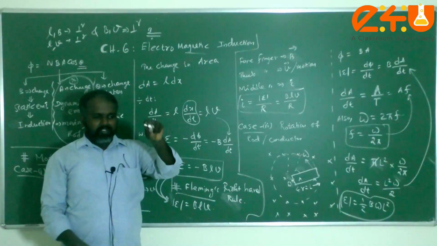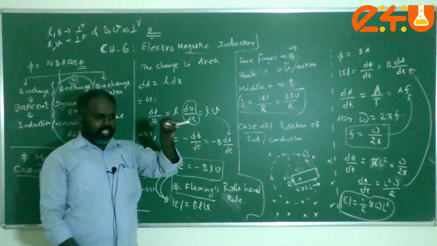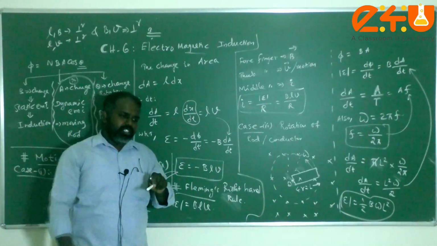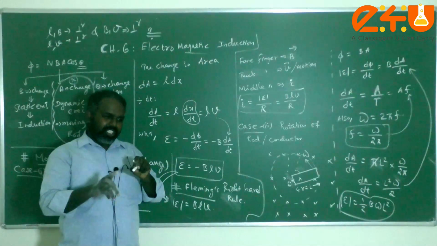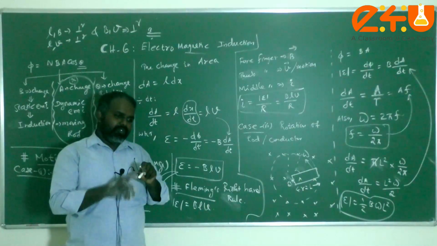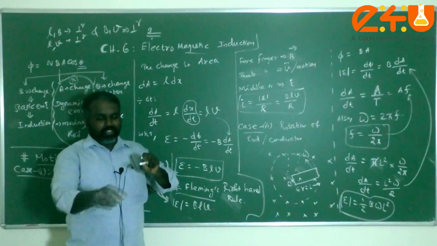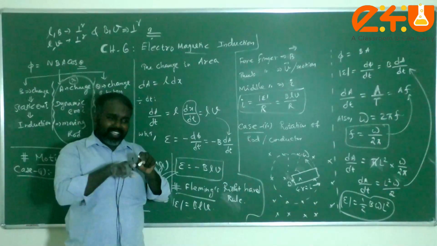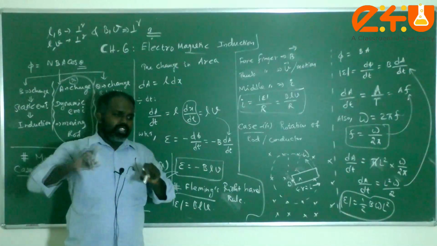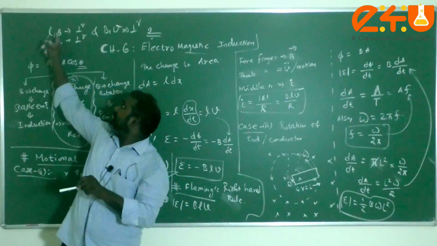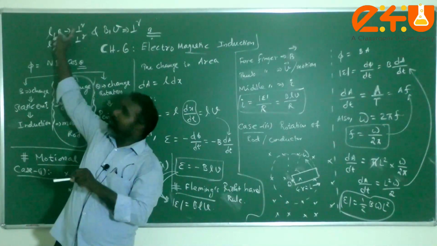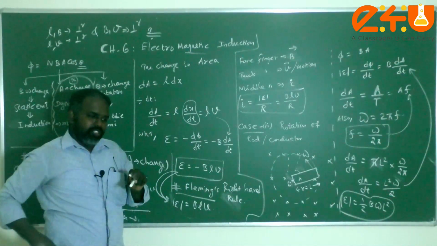So when the rod is falling vertically downward in the north-south direction, BH, the horizontal component of earth's magnetic field, and the length are parallel with each other. Therefore, this condition is not satisfied. L and B are not perpendicular, so there is no induced EMF.